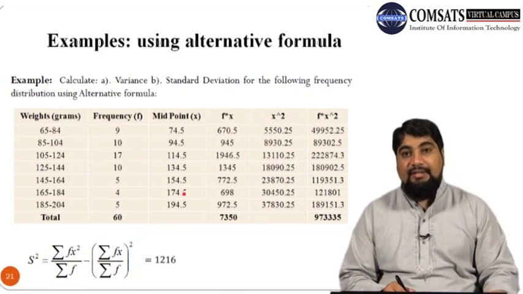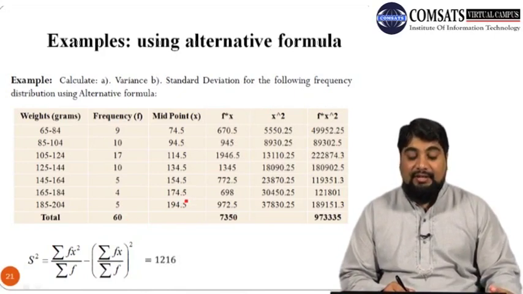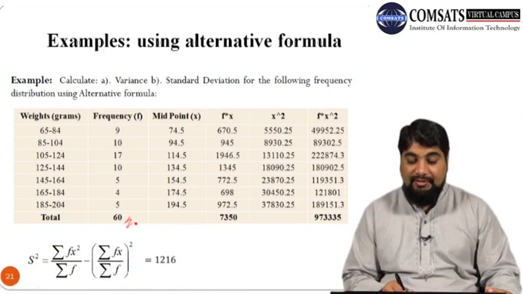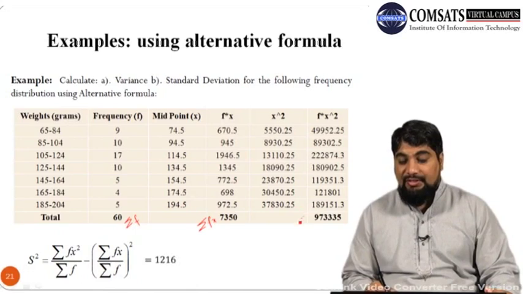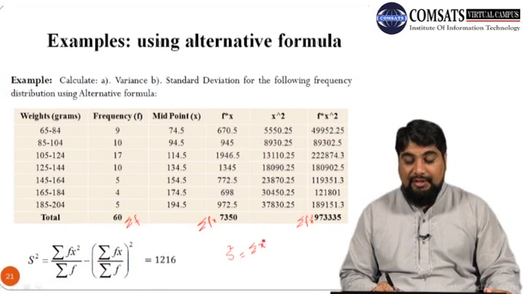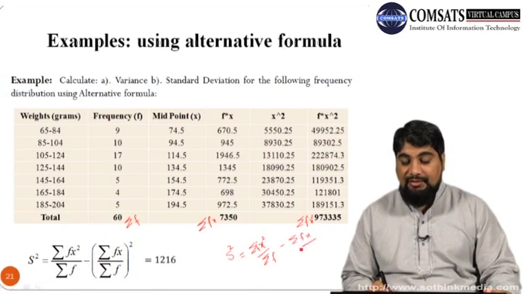So in this case the variance is again 1216. So this is summation f, here we have summation fx, here it is summation fx square. So the formula for variance is summation fx square over summation f minus summation fx over summation f, whole square.